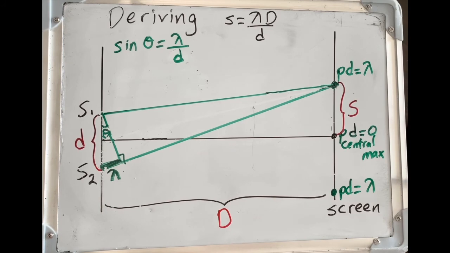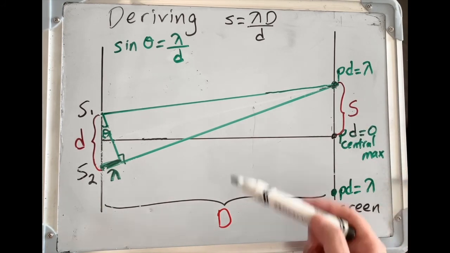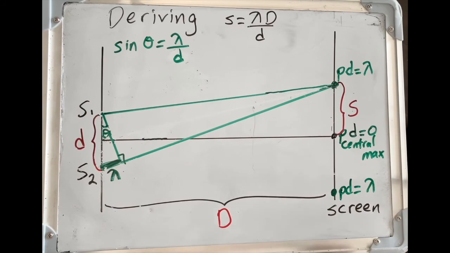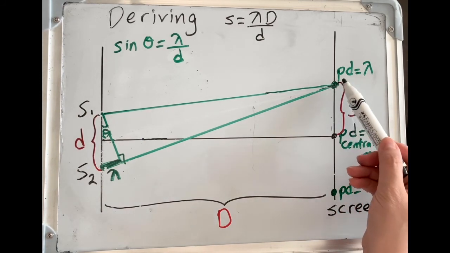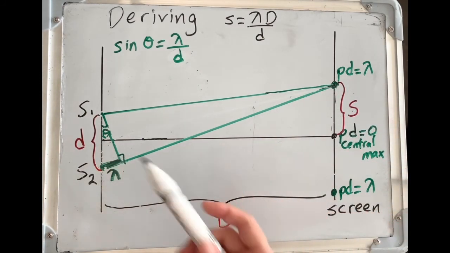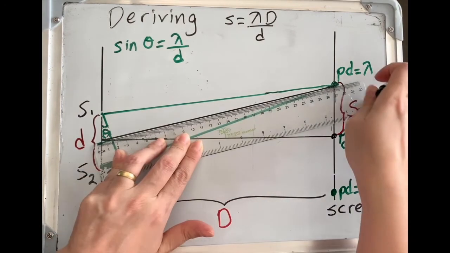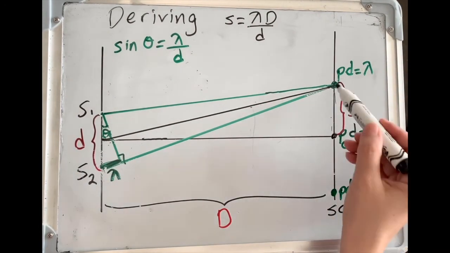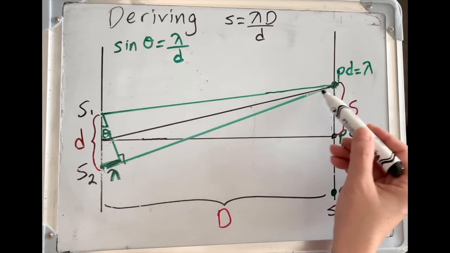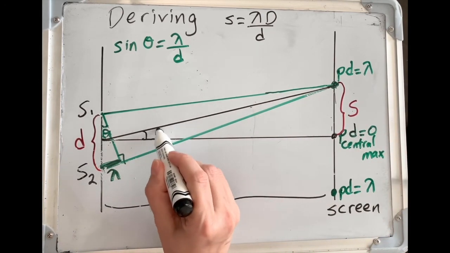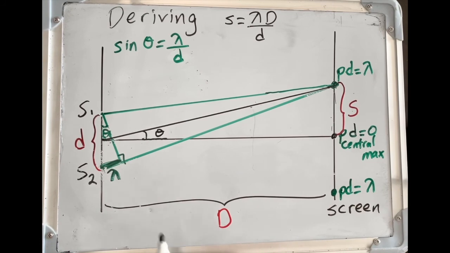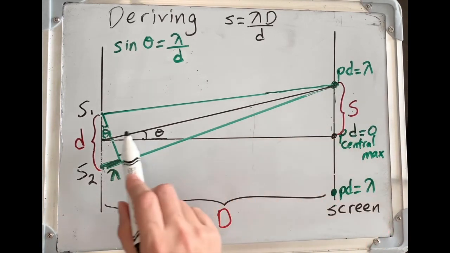Now I want to relate the s and the D to lambda and the small d. So I'm going to use the triangle that s and D make right here. Now using this black triangle, that angle happens to be equivalent to the angle over here due to the small angle approximation. Now I want you to write an expression for the tangent of the angle using our new triangle.